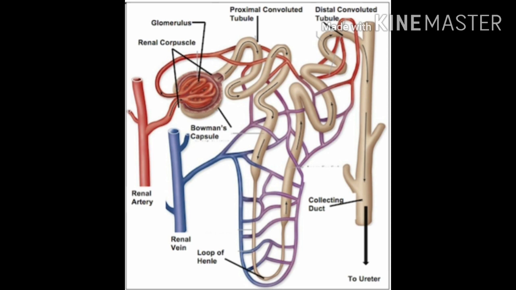And the arteriole which leaves the glomerulus is known as efferent arteriole. Finally, you can see the capillaries are completely covering the nephron. They are entangled with the nephron. And finally, the capillaries join and they join with the renal vein. This is all about the structure of nephron.